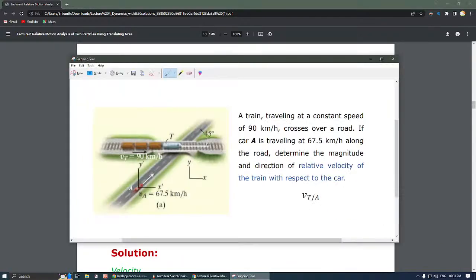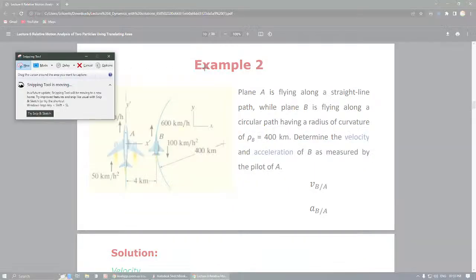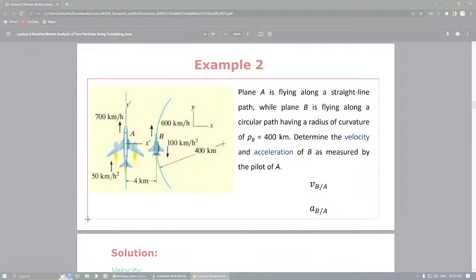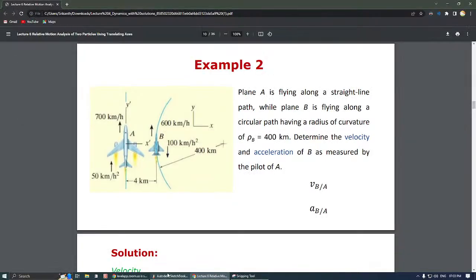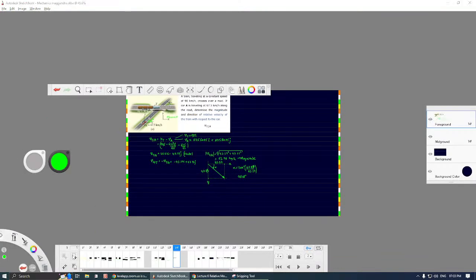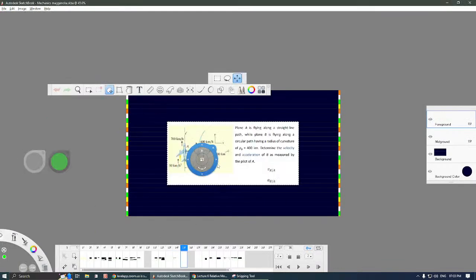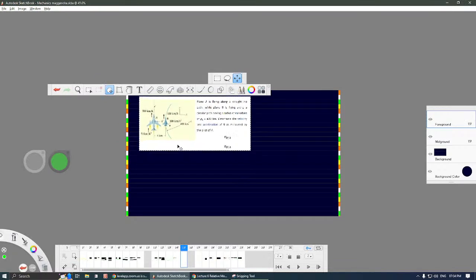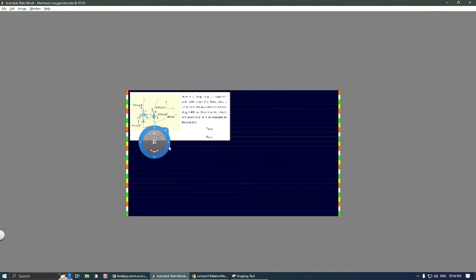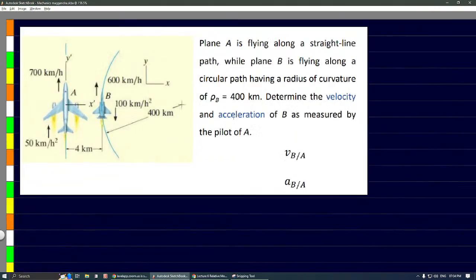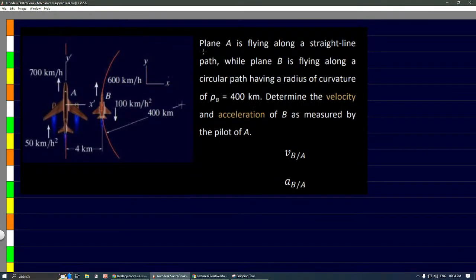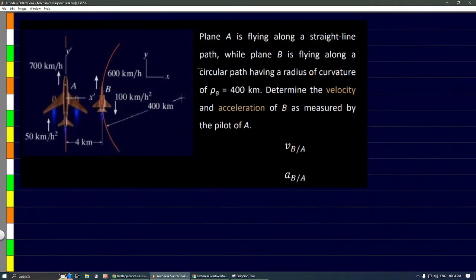And the example 2. Let's take this example 2. This one is on aircraft, right? So we have a plane flying along a straight line.